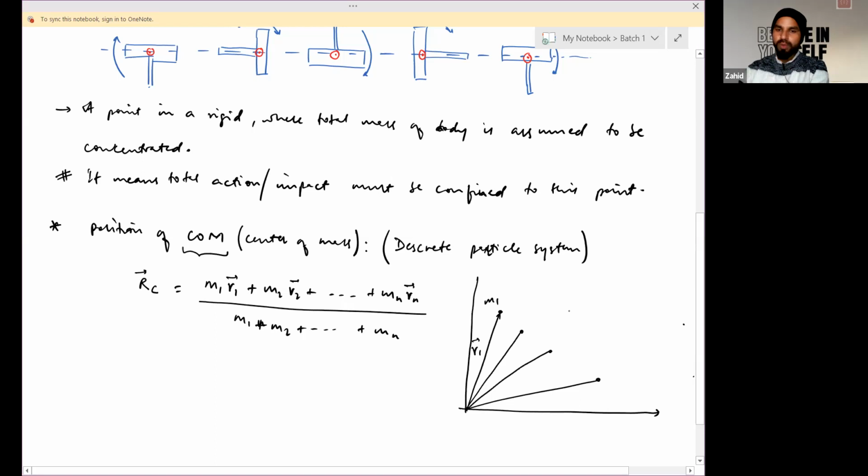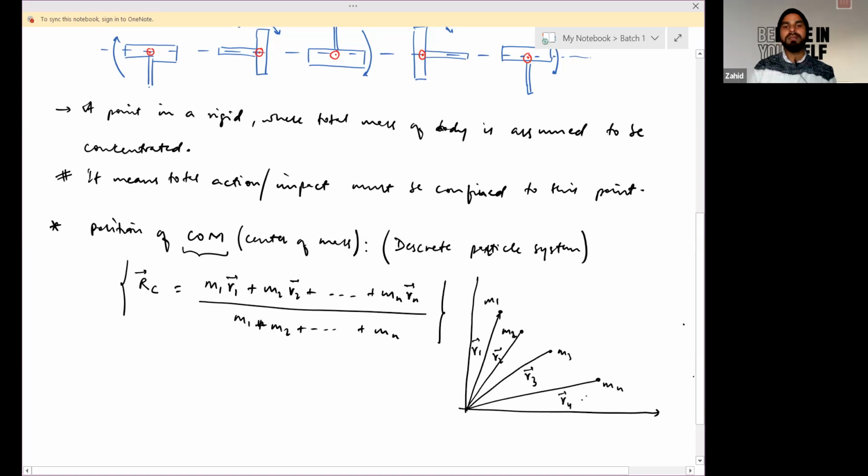For this whole system, we have to find the position of center of mass, so just use this formula. Nikhil, is it clear?